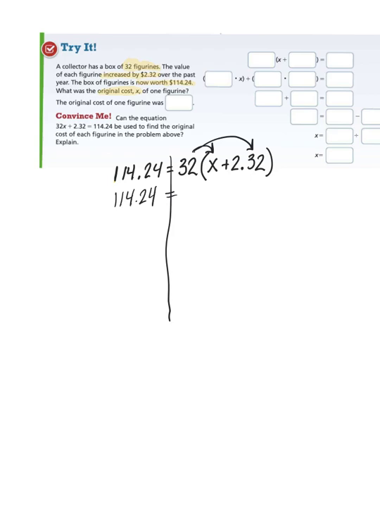And 32 times x, remember these arrows mean multiplication, is 32x plus 32 times 232, which is 74.24. Yes, you have a calculator, use it.